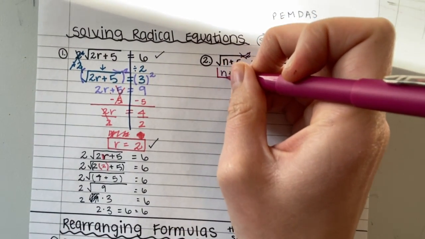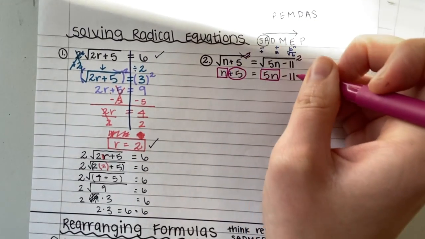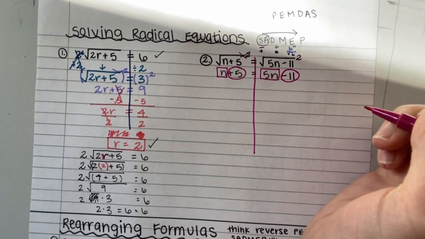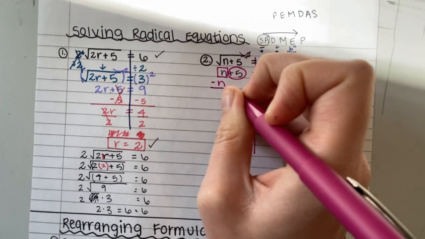I'm going to do my squares around my variable terms, my circles around my constants. Should have already drawn my line. We're going to add or subtract to make our variable terms on one side.